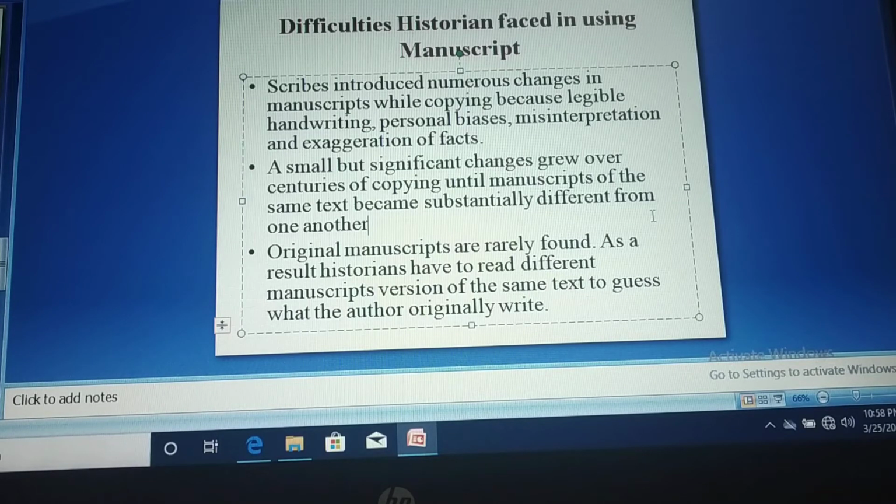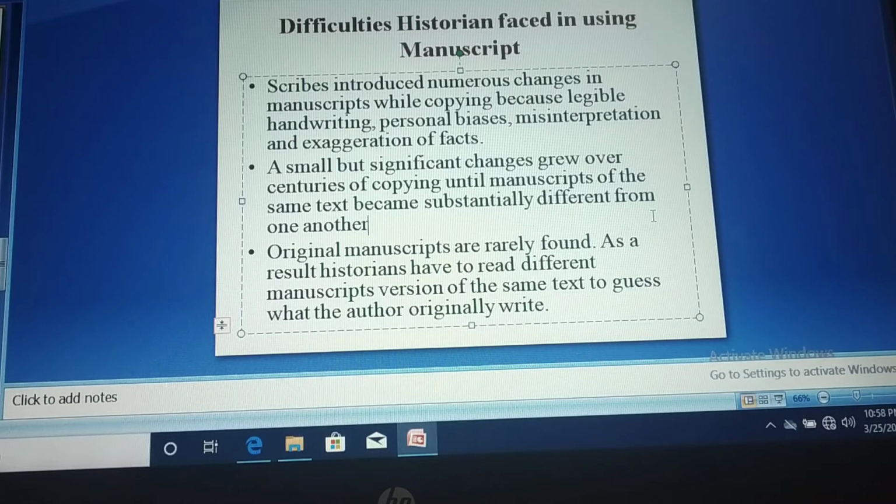Hardly are they found. So if a historian is studying these manuscripts, he has to read all the copy versions to reach a conclusion. Because if he reads the second one and then the seventh, he will not be able to come to a particular conclusion unless he reads all the copies available.